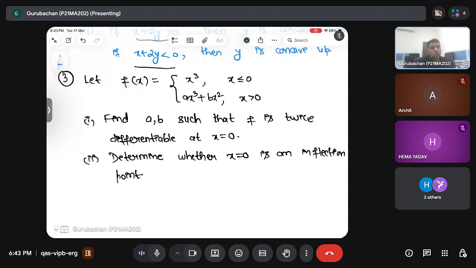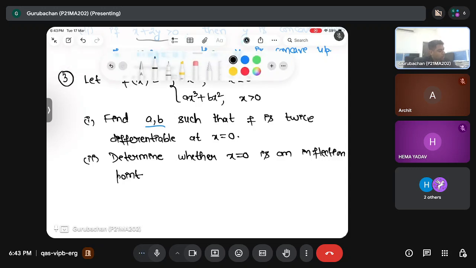We need to maintain the continuity of the first derivative at x equal to 0, so that the first derivative is continuous. Then we also need to maintain the second derivative. So you need to apply the three conditions, with which you can find the values of a and b. Then you need to find the inflection point.